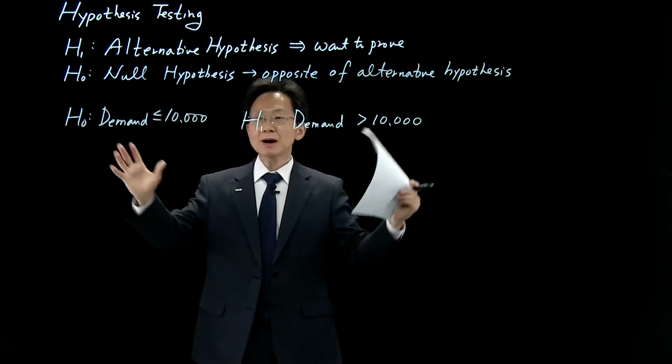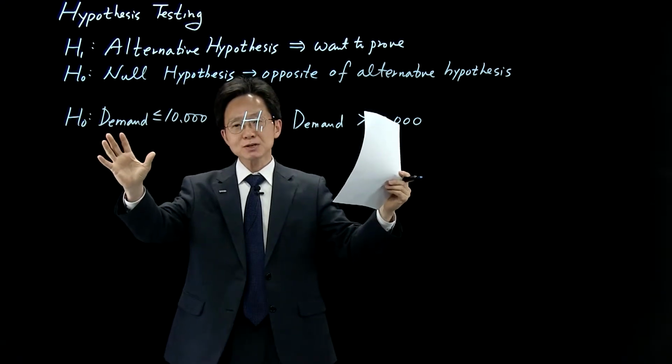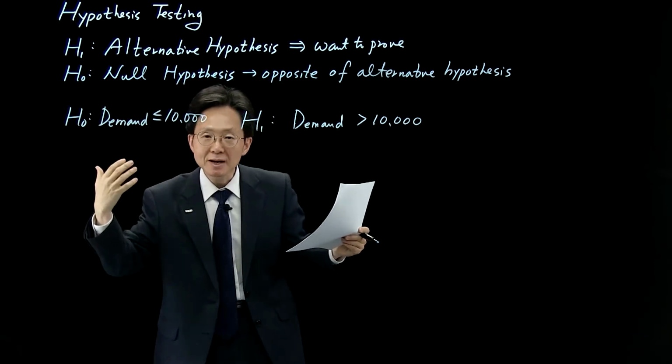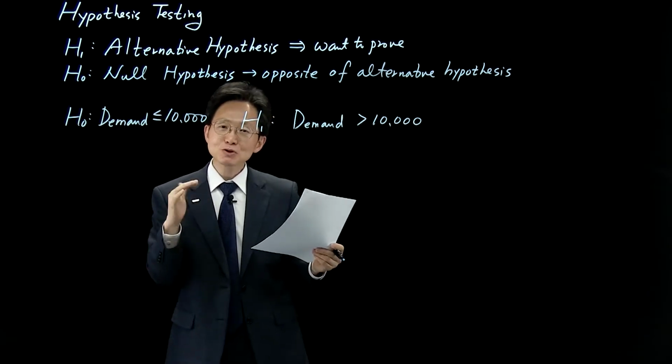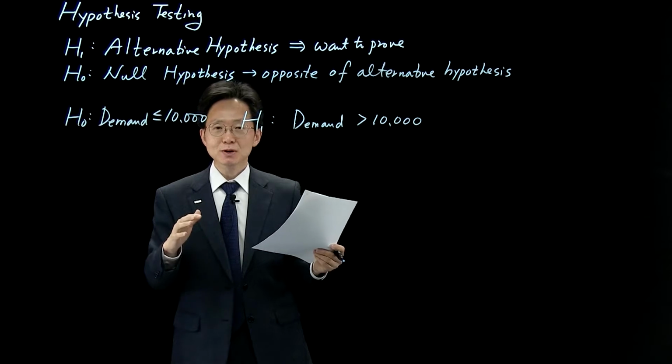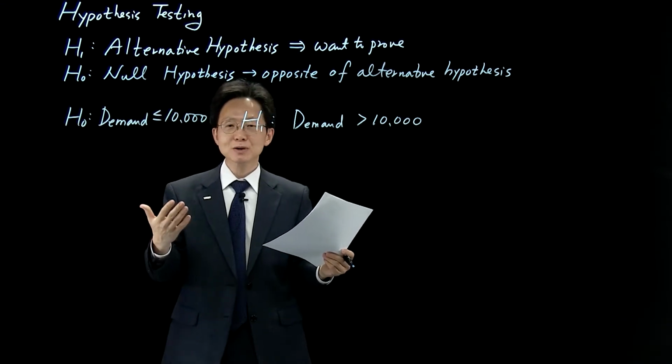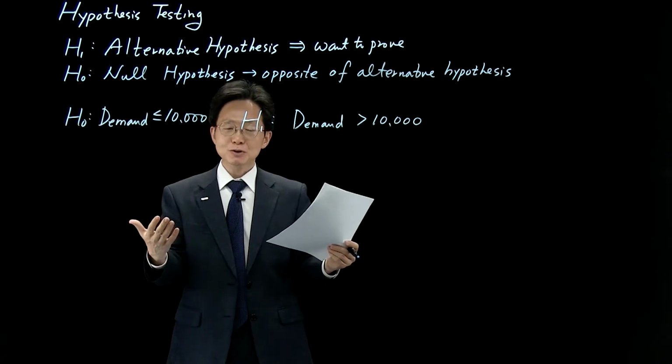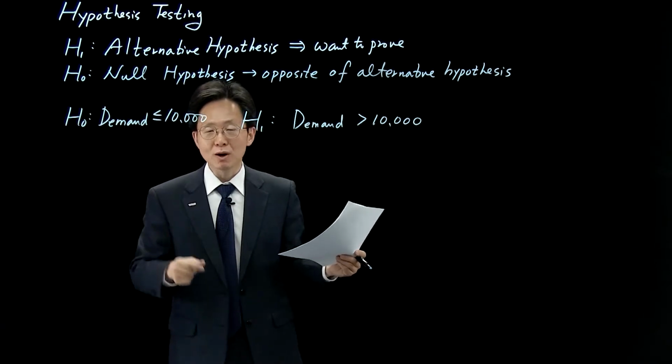And therefore, if I have these two different hypotheses and I collected some data, obviously we use sampling here, right? We cannot go out and look at all possible outcomes one by one.